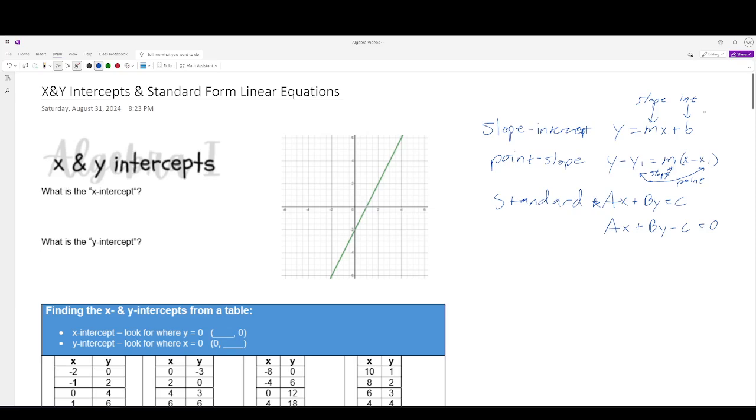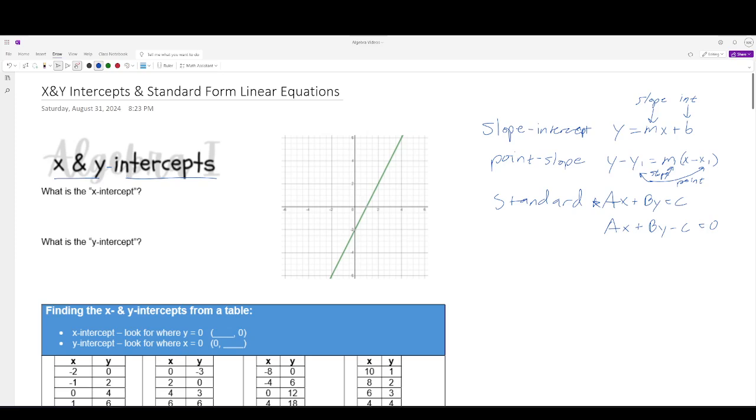We can also use ordered pairs to create both of those. They're both really good forms. Standard is kind of the least useful of the forms, but every now and then there are some benefits to it. So we'll talk today about what we can see and what we can't see from it, and we'll try to figure it out. To do that, we need to first talk about x and y intercepts.